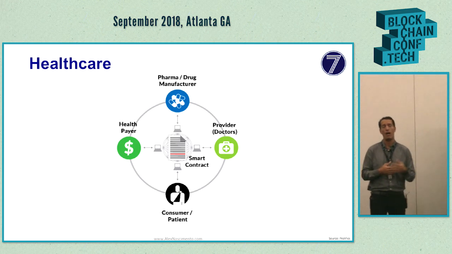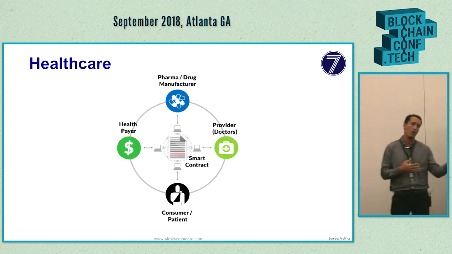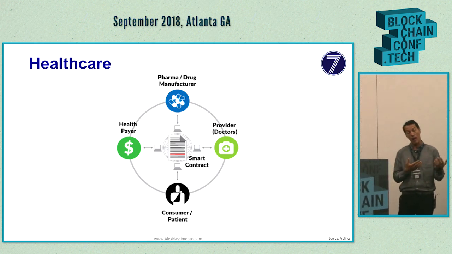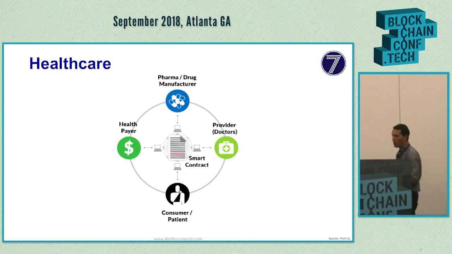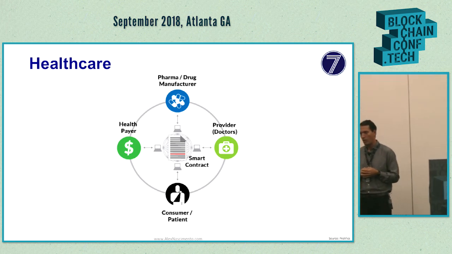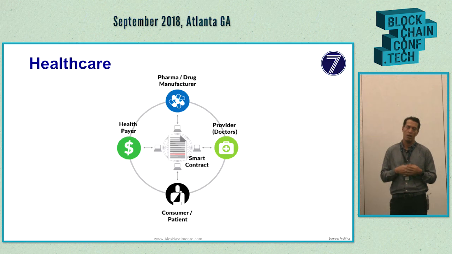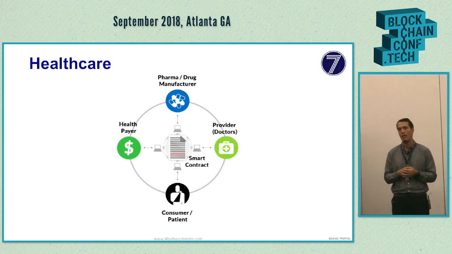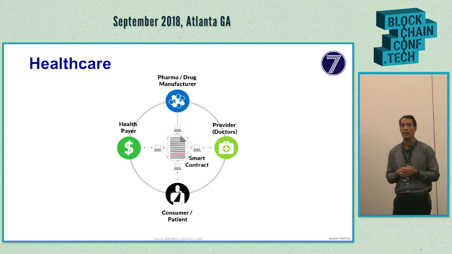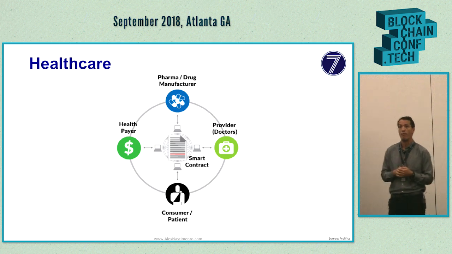So when you go to your doctor, how much data can your doctor see, and how much data can the pharmaceutical companies get access to, as well as you as a patient or a consumer, or your healthcare payer, your Kaiser Permanente of the world? Like, who has the access to that data? And can you monetize that data, right? Would you be willing to give your medical data and receive money for it?